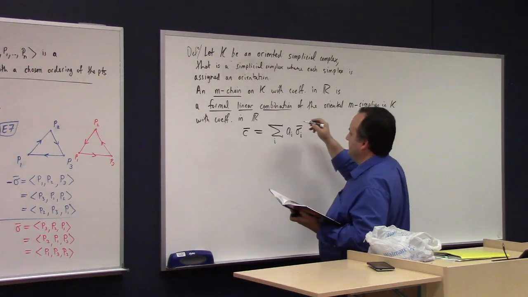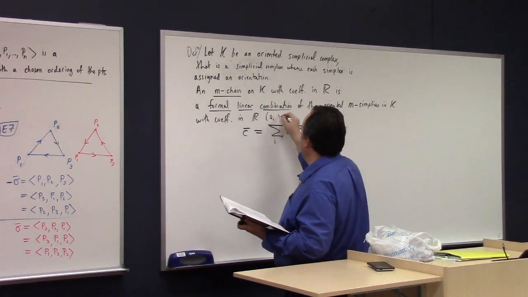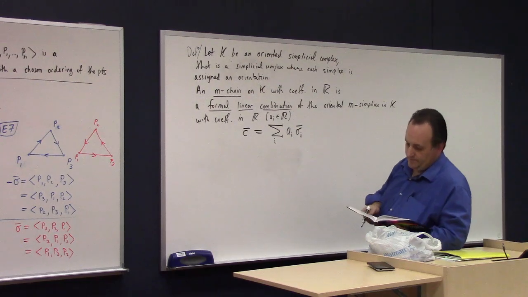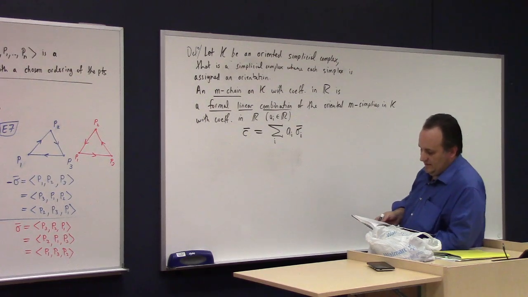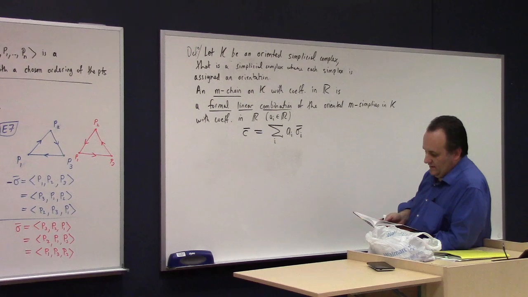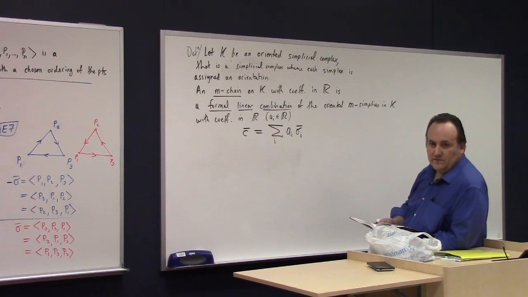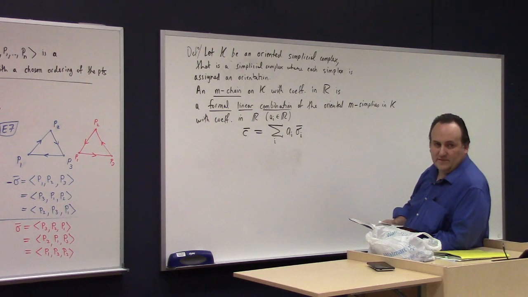Here, a sub i is in the reals, subject to the convention that if sigma bar sub i and sigma bar sub j represent oppositely oriented simplices, then, well, in other words, we're going to keep using the sign convention I've already introduced, okay? So in this context, the thing I was kind of musing about actually happens.